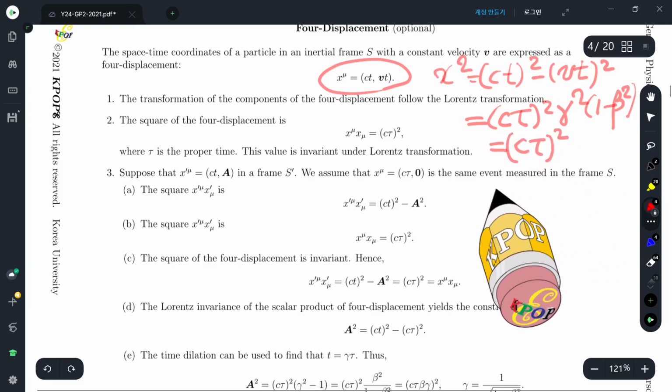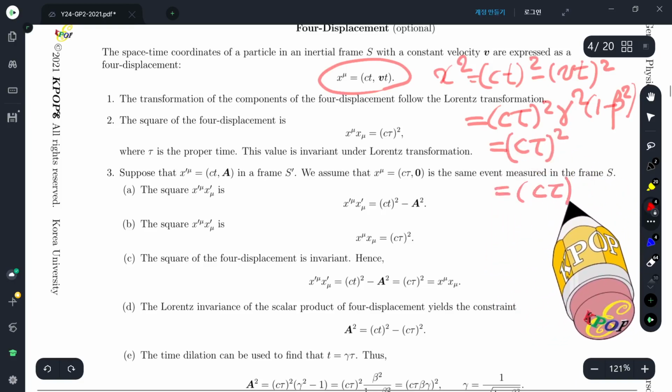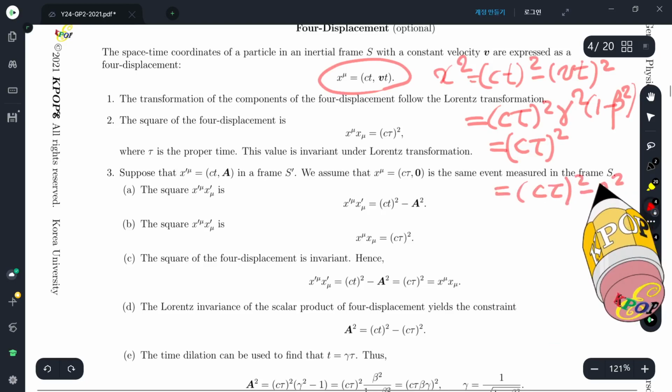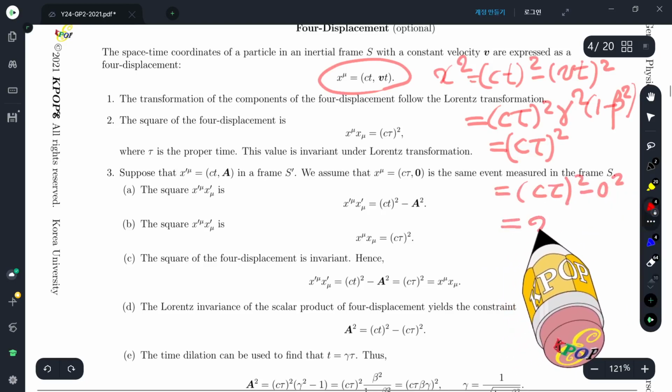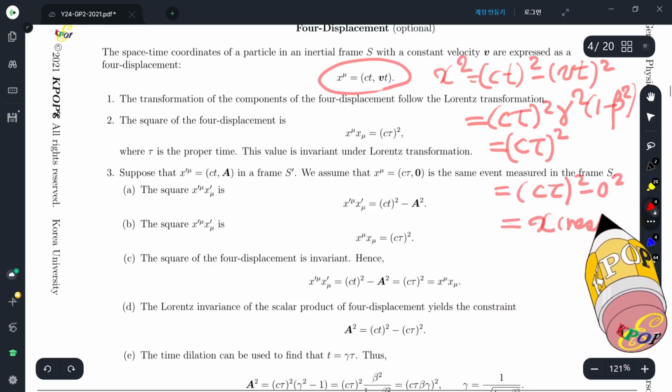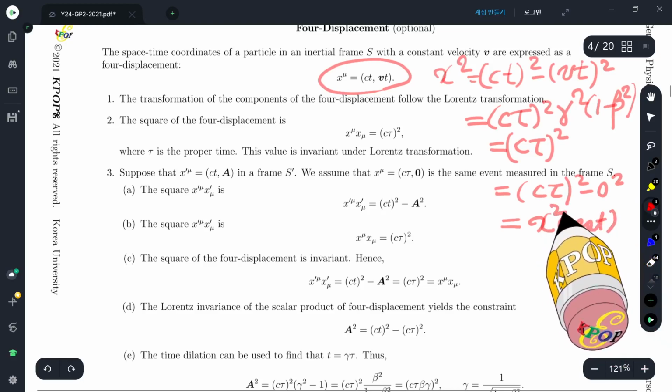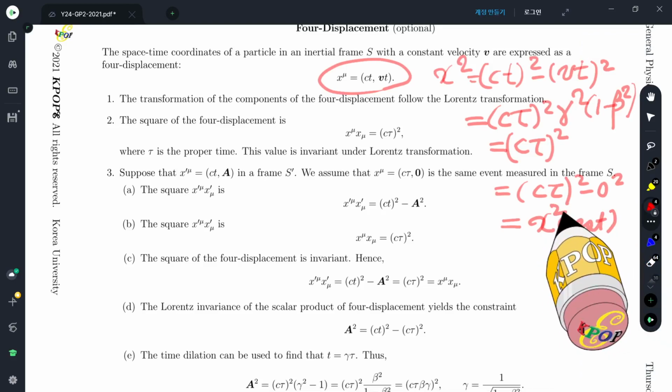And c tau squared is c tau squared minus 0 squared, that is the x rest frame squared. It is invariant under Lorentz transformation.